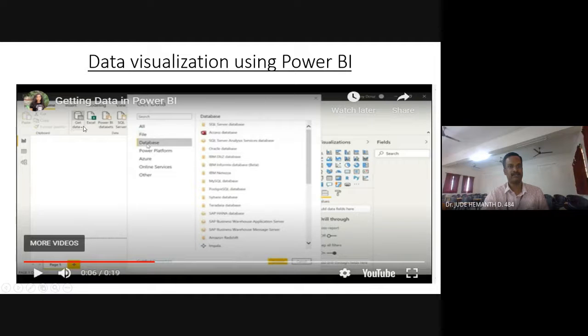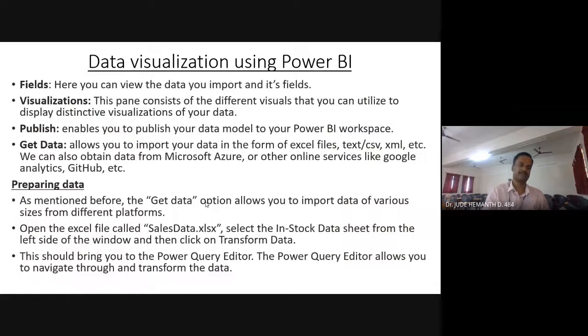So when you click the get data option, it will show you from where you need to install, whether it is from online services, and this person has already linked it with Azure. This is a cloud service from Microsoft, so they are already having that. If you want to link it with AWS, you have a provision to link it to.